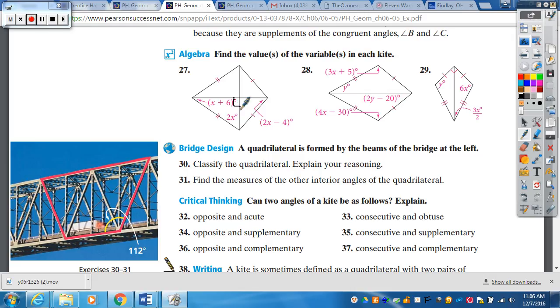So I'm going to do that right here. Once I've done that, it's pretty clear that I can set up an equation using these 3 angles right there. And so my equation to solve for x in 27 should be 2x plus x plus 6 plus 90 equals 180.